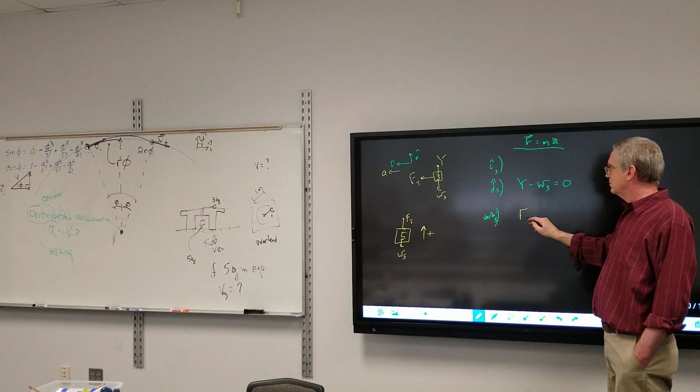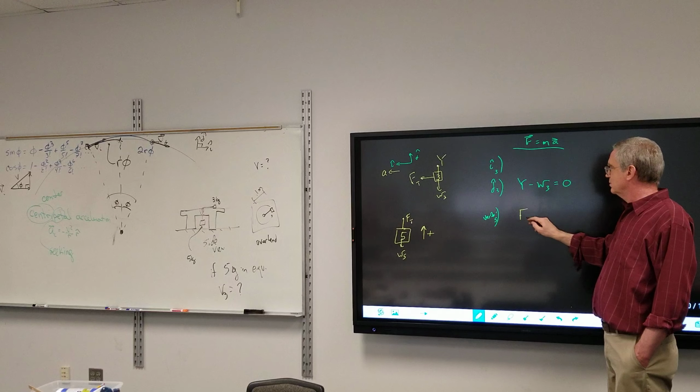Ultimately, we're solving for v. So m3 v squared over r is equal to m5 g, so v squared is equal to m5 g r over m3.